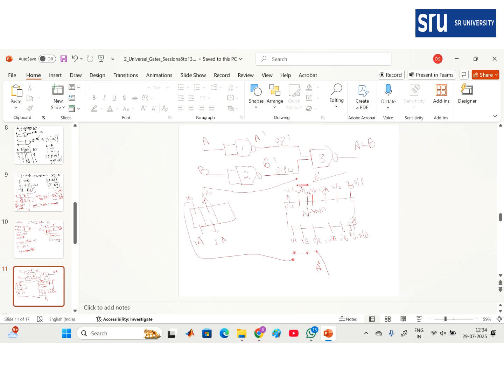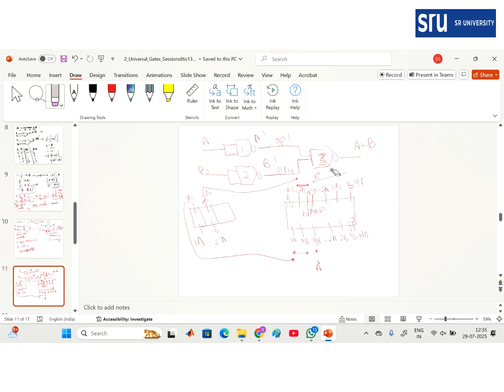Now take one more NAND gate, that is the third NAND gate, and connect output 1 to the first input 2A, and connect output 4 to 2B. Now this is my overall output which is available.